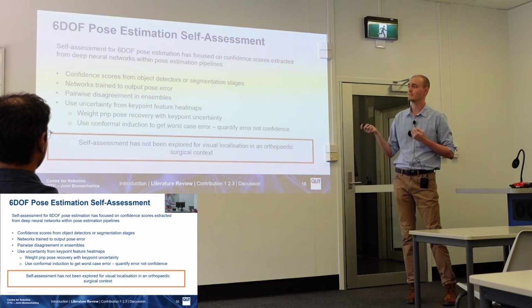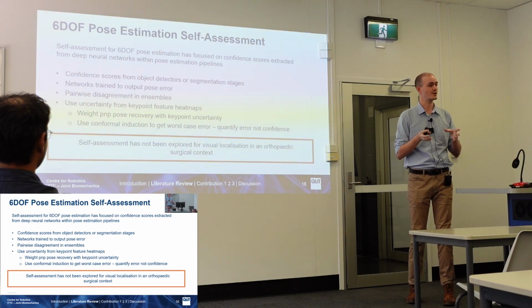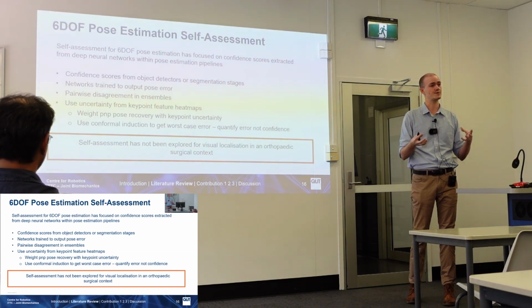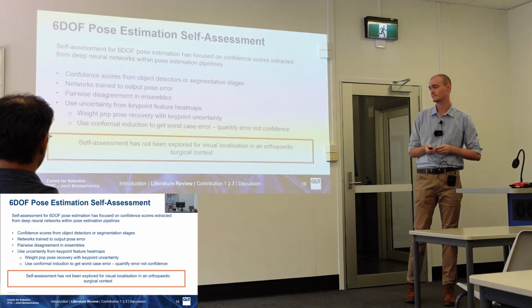We've also seen other methods using ensemble approaches where multiple 6 degree of freedom pose estimation systems are deployed in parallel, and then the agreement or disagreement of the resulting poses is used to get a measure of the confidence of the results.